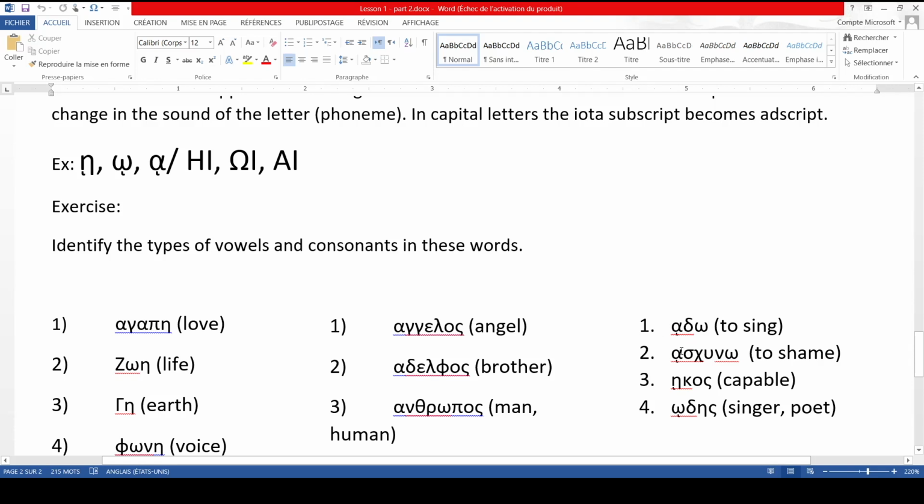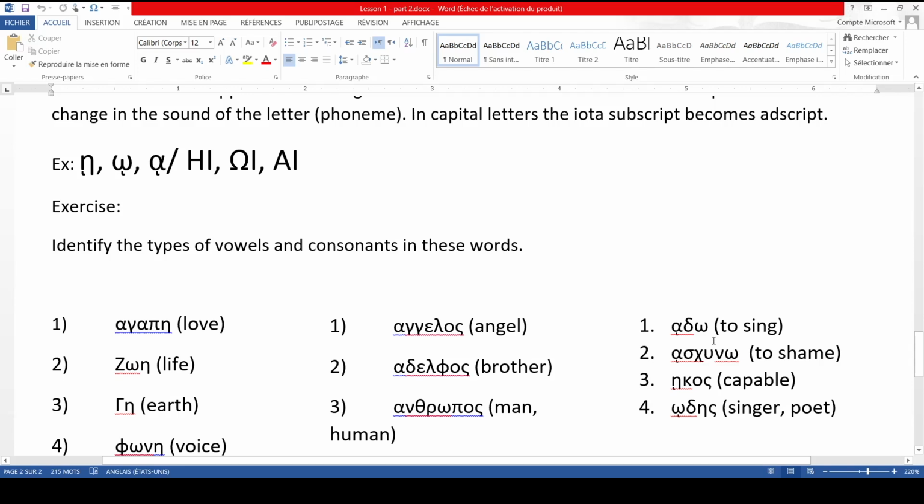It can also be long, but in this case it's considered a long vowel. And we have delta. It's a consonant. Which kind of consonant? Delta is a dental, a mute dental consonant. Omega is a long vowel. And under alpha, we have the iota subscript.